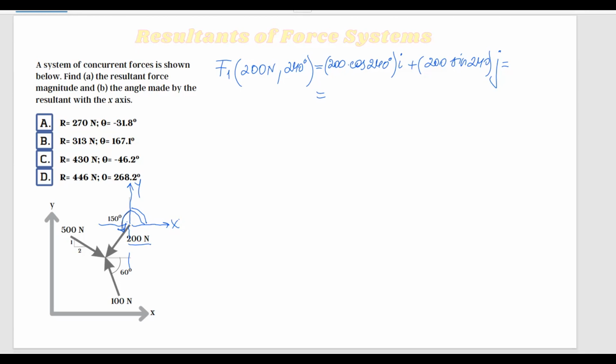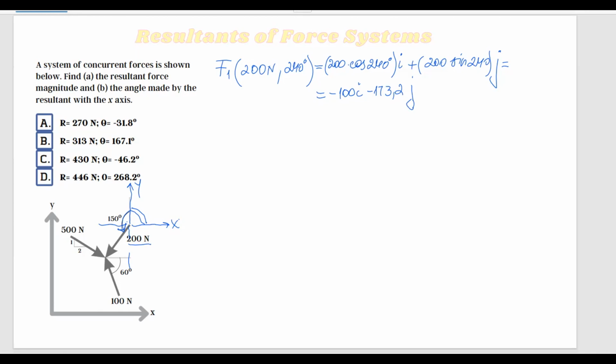I'm going to say 240 cosine, 200 multiplied. So I have minus 100 I, and then we have 240 sine, 200 multiplied, minus 173.2 J. So this is the vector of force number 1.